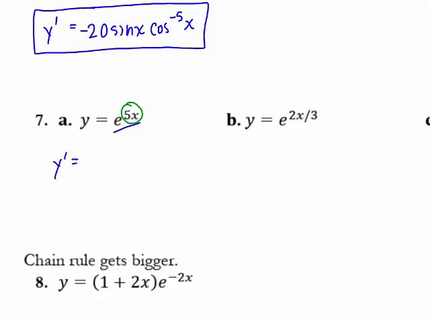The derivative of e to the x, or e to the anything, is e to that thing, where 5x is the inside. Leave the inside alone, and then multiply by the derivative of the inside. The derivative of 5x is 5. So this derivative, y prime, is 5e to the 5x.